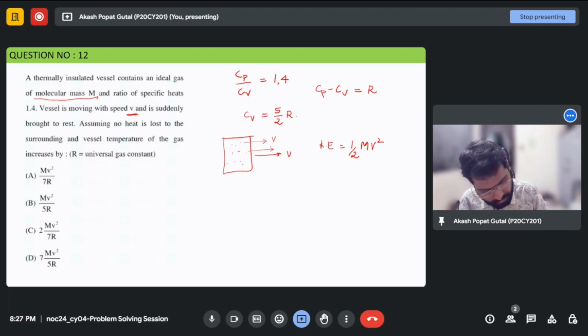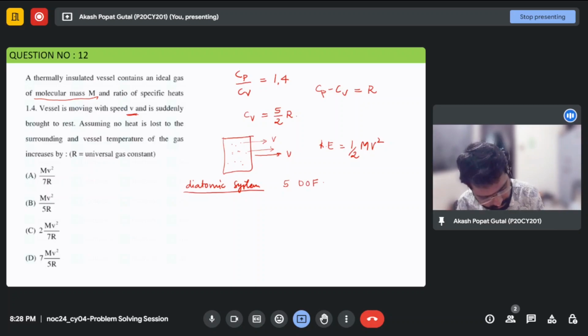And we know by definition that we have a diatomic system, so we have 5 degrees of freedom.